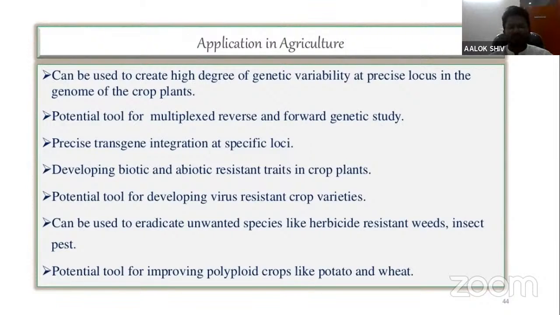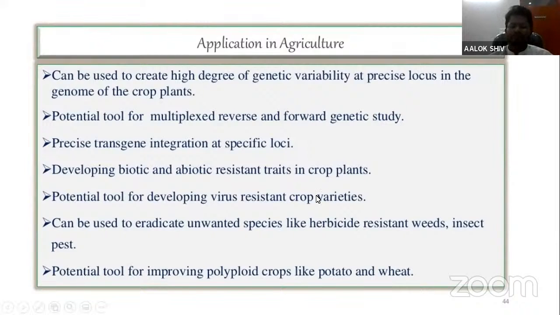And developing biotic and abiotic resistant crop plants: we know how much these biotic and abiotic stresses, and climate change and its effects, matter. So with the help of genome editing, we could develop biotic and abiotic resistant crop plants. It is a potential tool for developing virus resistant crop varieties.